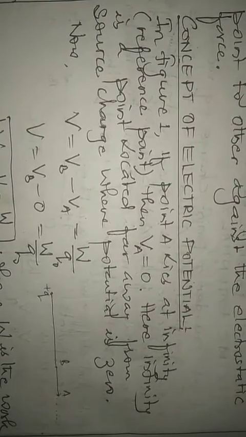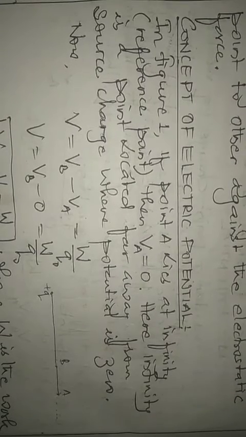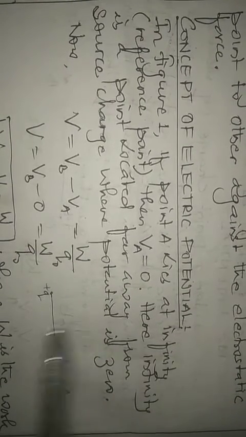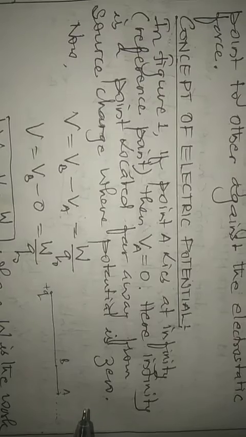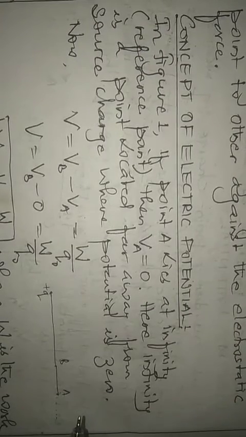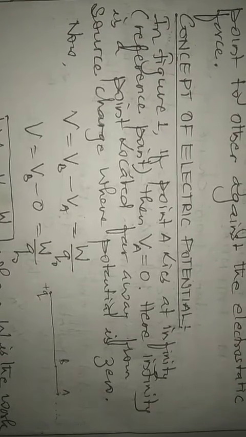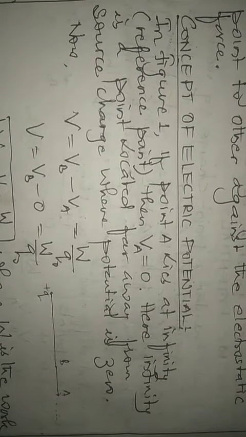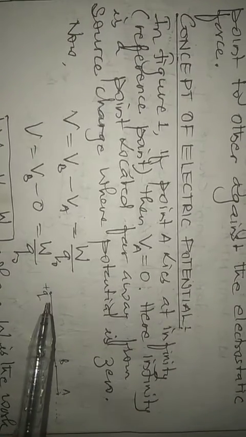The work done to bring the test charge from infinity to a point B in an electric field is defined as the electric potential at that point, and that is the potential produced by the source charge.